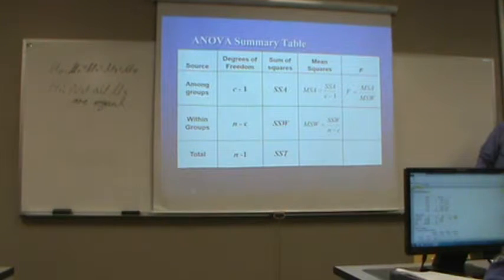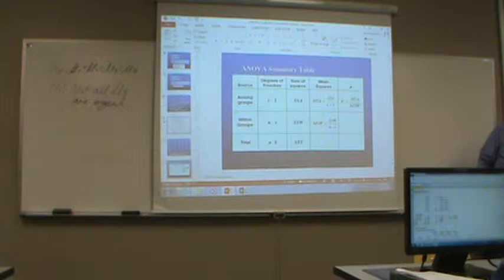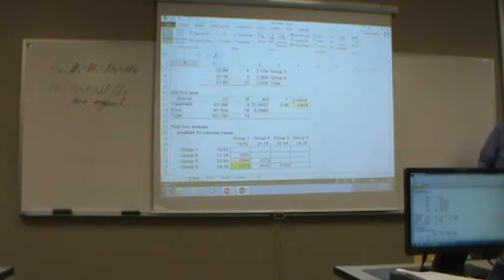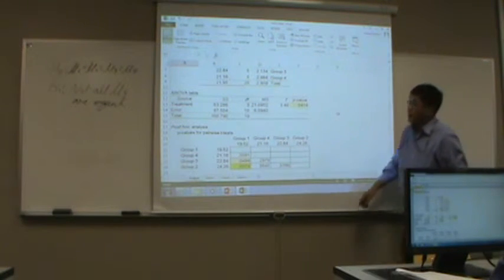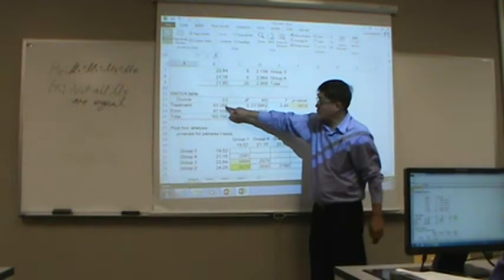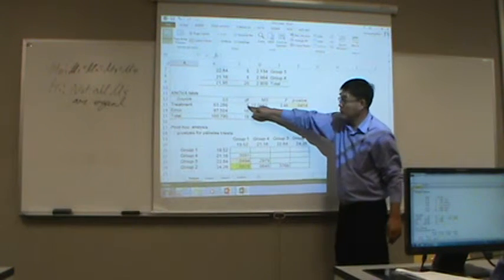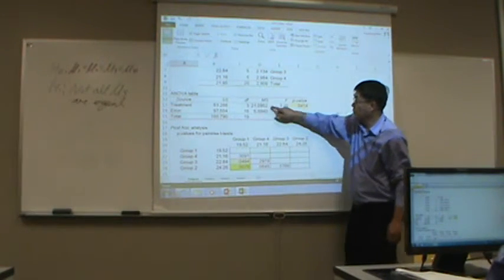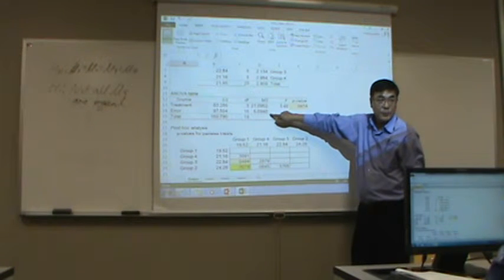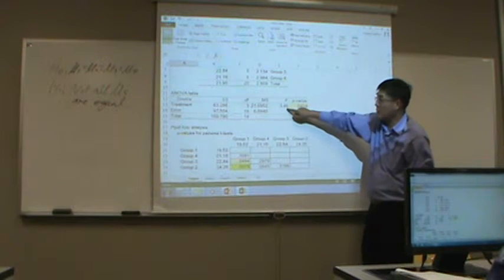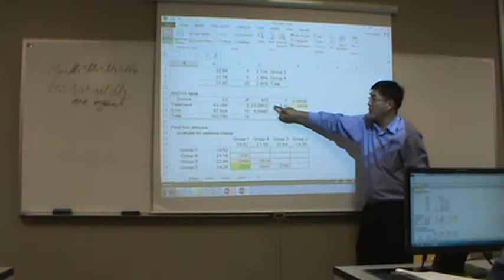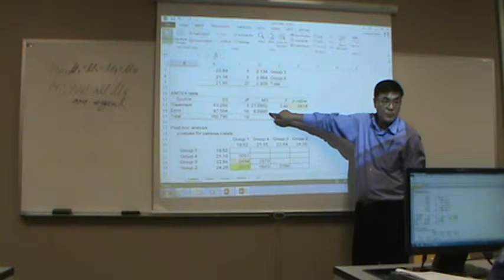From output, ANOVA table, this is SSA, SSW, DF1, DF2, MSA, MSW, right? And then F test statistic is MSA divided by MSW.